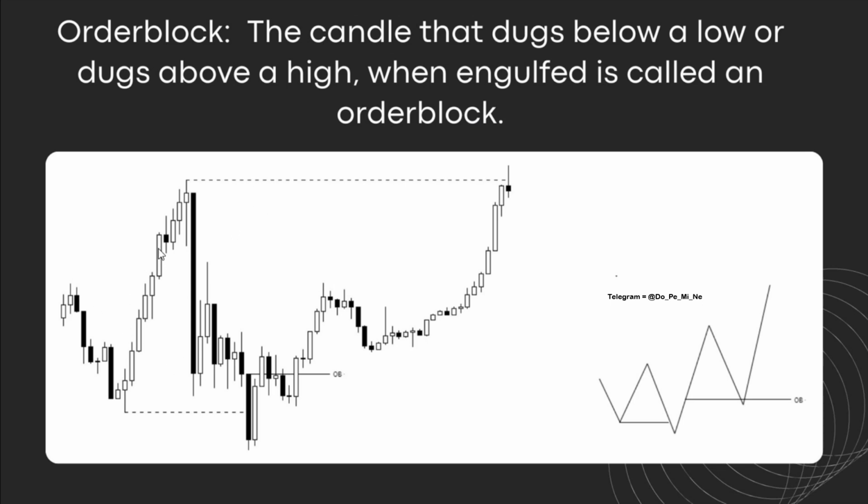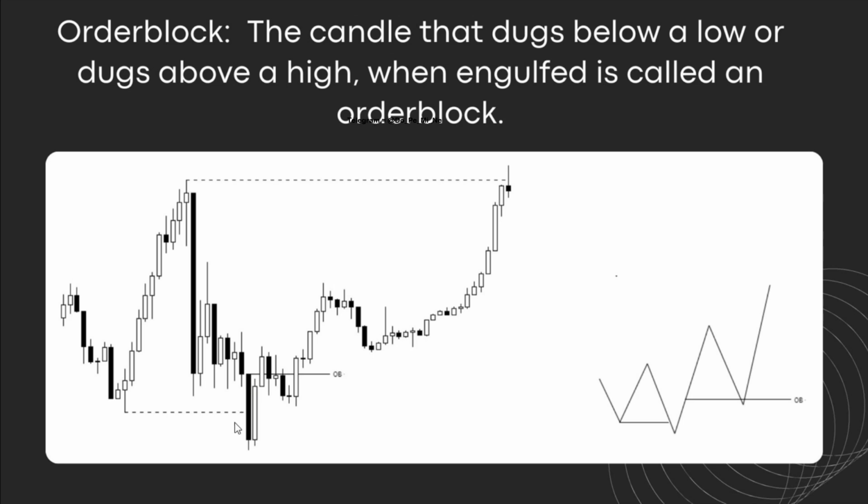Now here in this picture right here, you can see we've got this low right here, and what happened is that price came down here to turtle soup this low and take out that low. Now for an order block to be considered a valid one, it must have a turtle soup and must be formed after a turtle soup. If there is no turtle soup, the order block won't be considered correct, right?